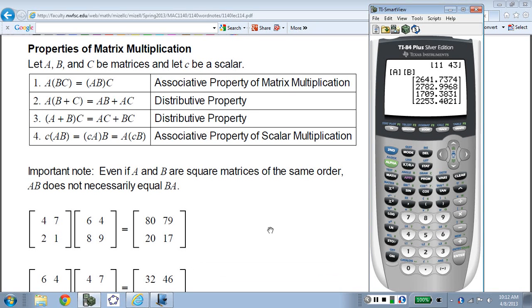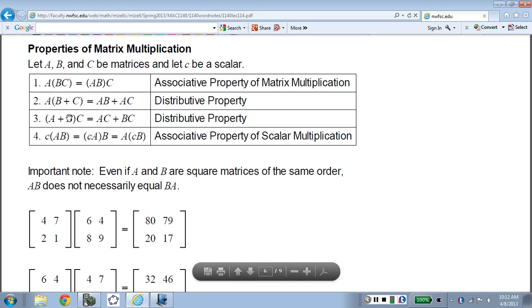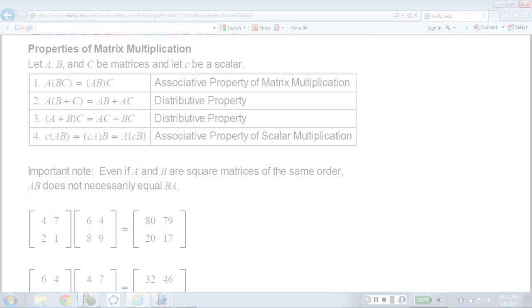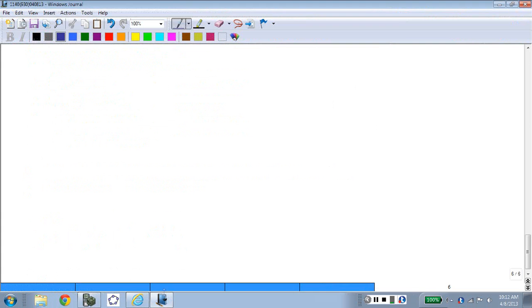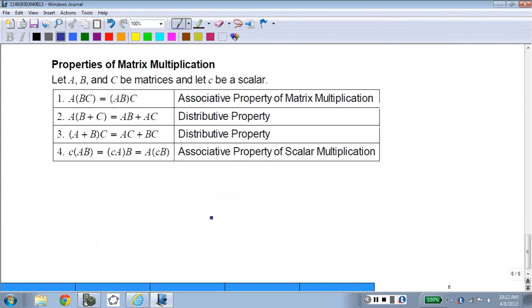And I need one more. What should the other one be? Matrix C. So suppose I want to illustrate this: A times B times C equals AB times C. A is a 4 by 3 matrix, and B is a 3 by 1 matrix.